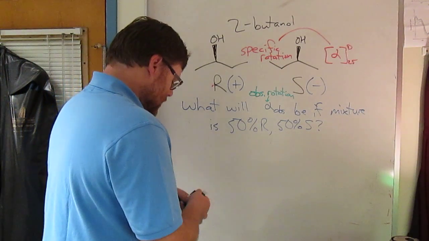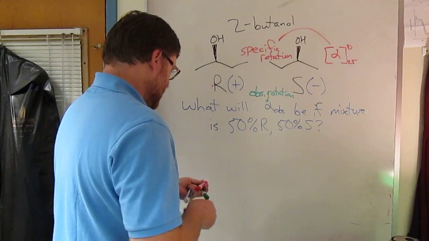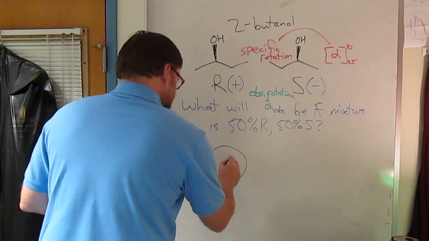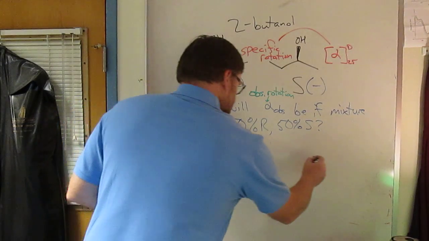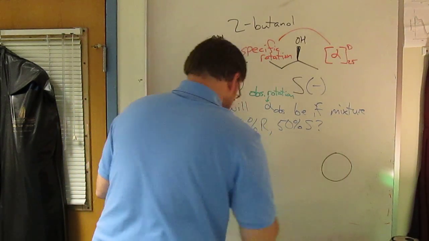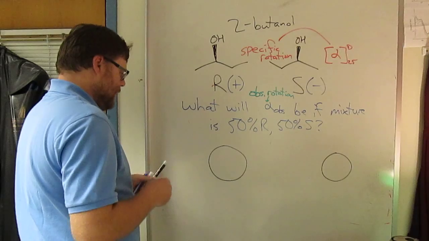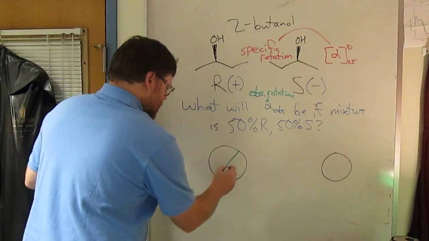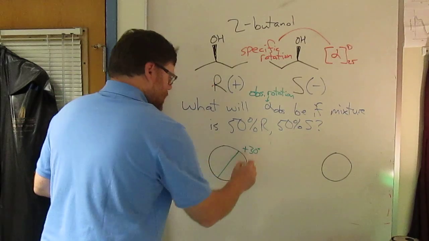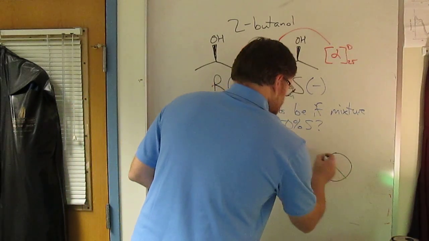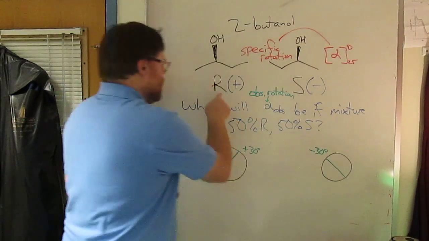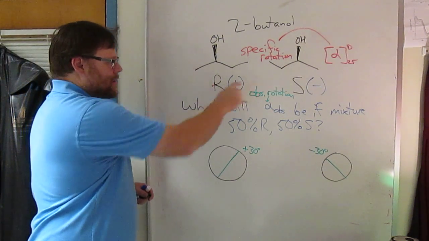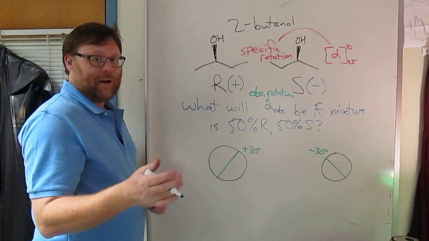All right, hit pause, go away and think about it. I will fumble around with my pens. All right, are you back? So if you're back, remember R, which we're designating as the plus enantiomer. You'll sometimes see pluses and minuses in front of chiral molecules.